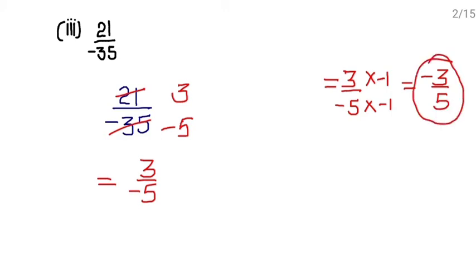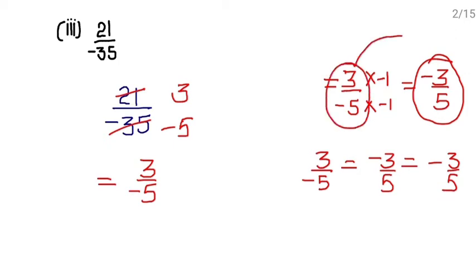In the previous class you also studied that 3 upon minus 5 is equal to minus 3 upon 5. So now we will write 3 upon minus 5 as minus 3 upon 5. Clear? Now this is a standard form.